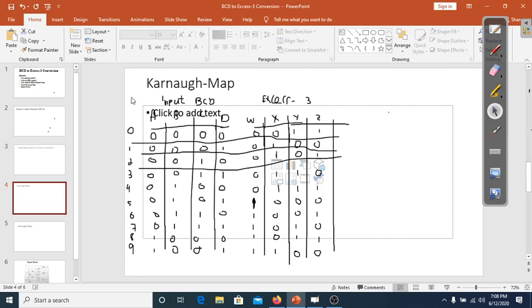Okay, let us talk about the Karnaugh-Map. Here let me construct it. There are 4 inputs, so there will be a 4 cross 4 grid of boxes. Let me construct it again.